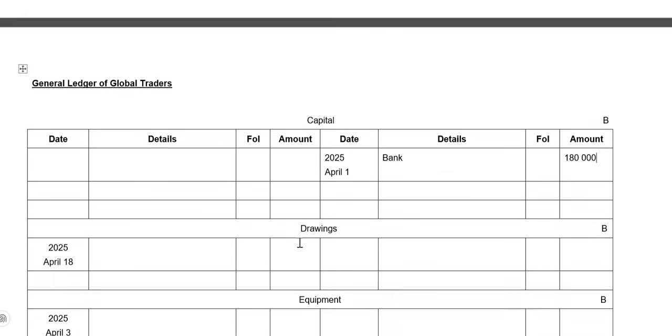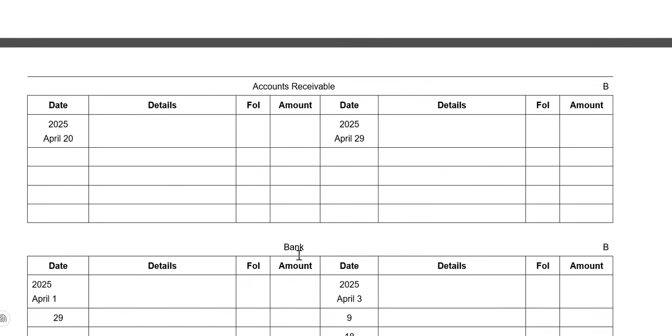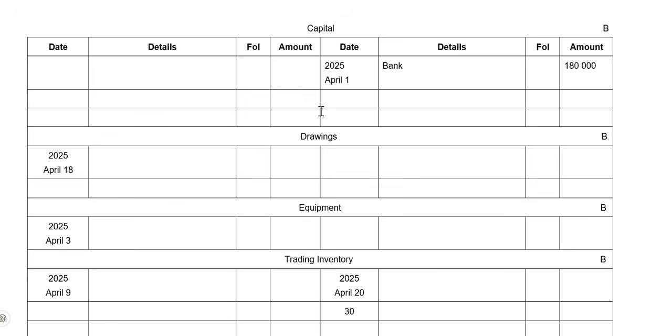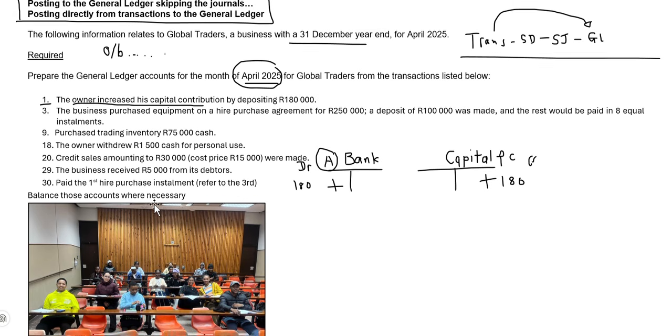So capital was credited, and if I go to the bank account, bank was debited. On the 1st of April 2025, under details now, we write the name of the contra account, and the amount is 180,000. Now I've done the debit entry in bank and credit entry in capital. There it is. That is transaction number 1 on the 1st of April.